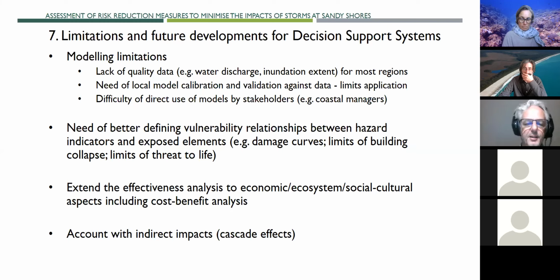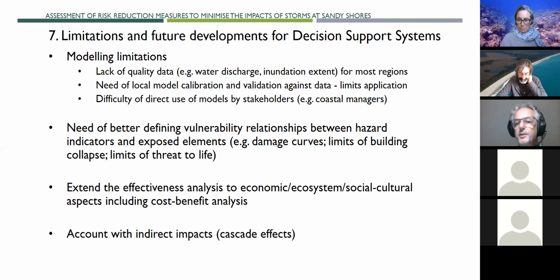And something that is also still not completely provided by the models and by the analysis that we have is the cascade effects. So when we model, for instance, the implementation of beach nourishment, we often model on these projects just what happens in that area. We kind of forget what is going to happen 2 kilometers away or 3 kilometers away.